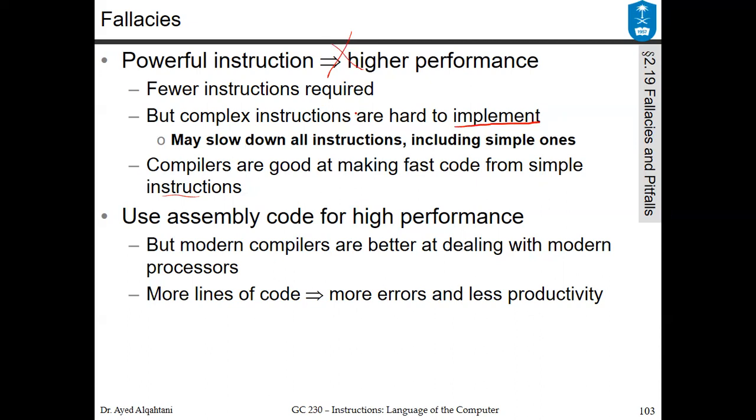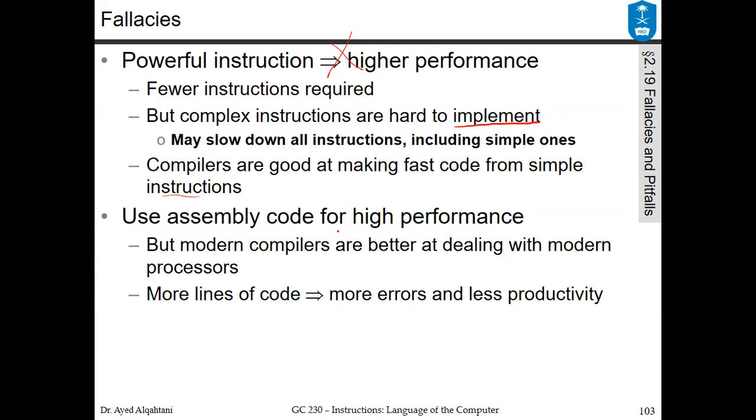That's a fallacy. Also, you think that if you code yourself as a user using assembly code, this will cause high performance machine code. It's not the case. Usually the compiler does a lot of things that you don't have to deal with.